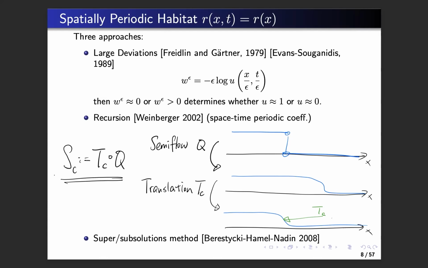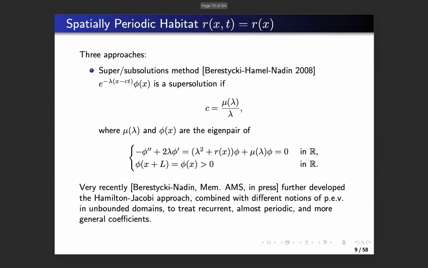Okay. The last one, a supersub method. We've seen it in the homogeneous case, and actually in the periodic case, the exponential is no longer a super, but it will be if you correct it by a multiplicative factor, which is the eigenfunction encoding the information in the profile of R of x. Okay. Very recently, Berestycki and Nadin have further developed the Hamilton-Jacobi approach.